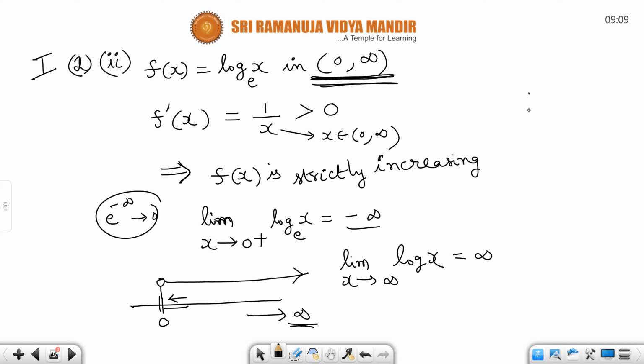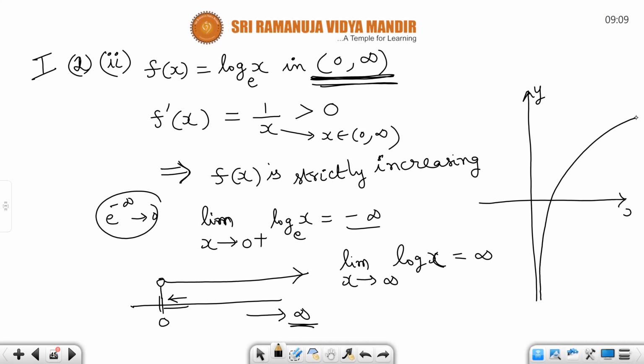You know the graph of log x also. Log x will be like this, x-axis, y-axis. This is y is equal to log x base e. This point is 1 comma 0 because log 1 is 0.